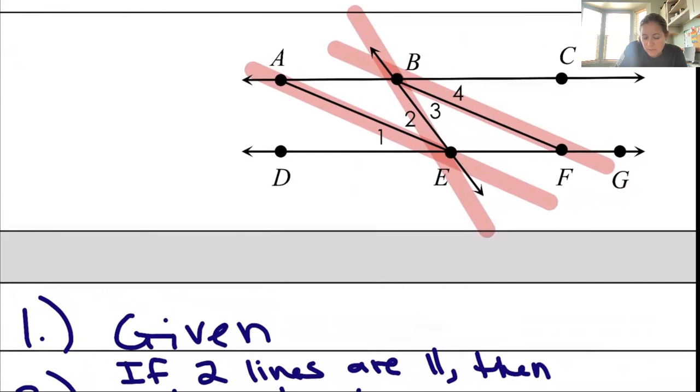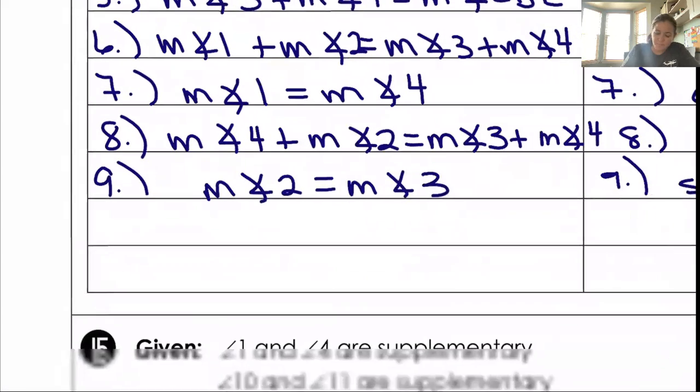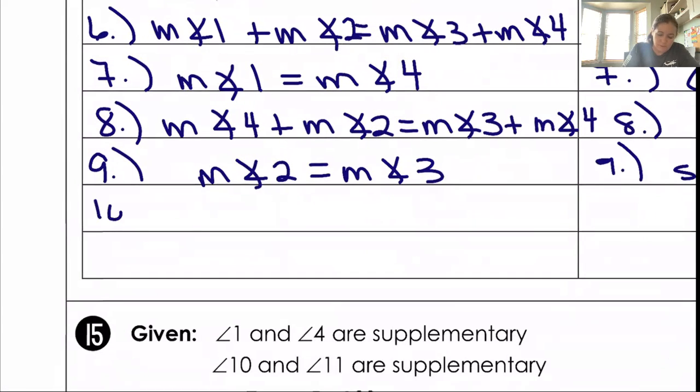So let's see if we can show that 2 and 3 are congruent, which we just did in that last step, step 10. Then I can now say, because 2 and 3 are alternate interior angles, that those lines are parallel. Let's go back to our definition of congruence.